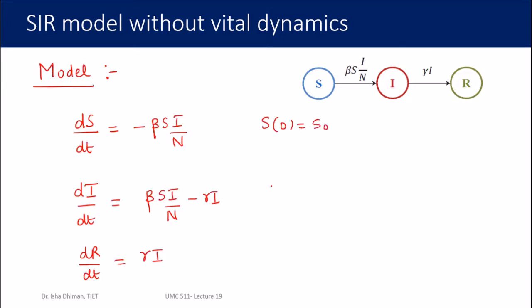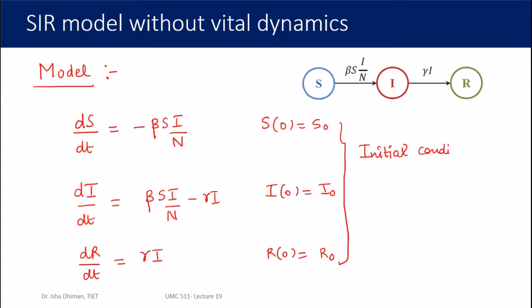Now we are trying to solve it. So it comes with the initial conditions. S at 0 is S naught, I at 0 is I naught, R at 0 is R naught. So this is at the initial time. So that's why these are the initial conditions. So remember, the population growth model was also having the initial condition with that. So here we have three differential equations and three initial conditions.